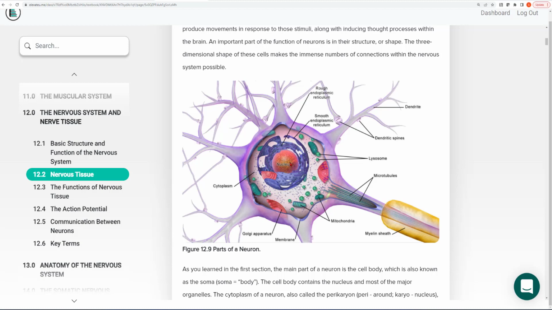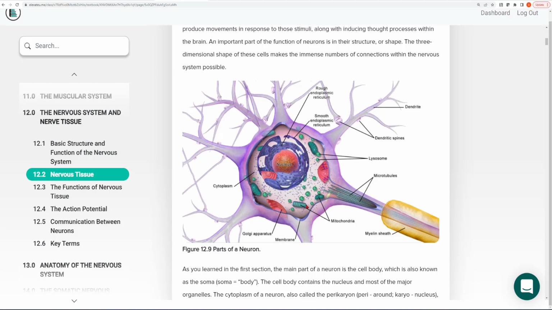Inside the nucleus, there would be a nucleolus, although that's not obvious in this particular drawing. Around the nucleus, we're going to have the endoplasmic reticulum, both rough and smooth, and there is also going to be a Golgi apparatus. Okay, so the same sort of things we're accustomed to see in a cell are found here also in the neuron.